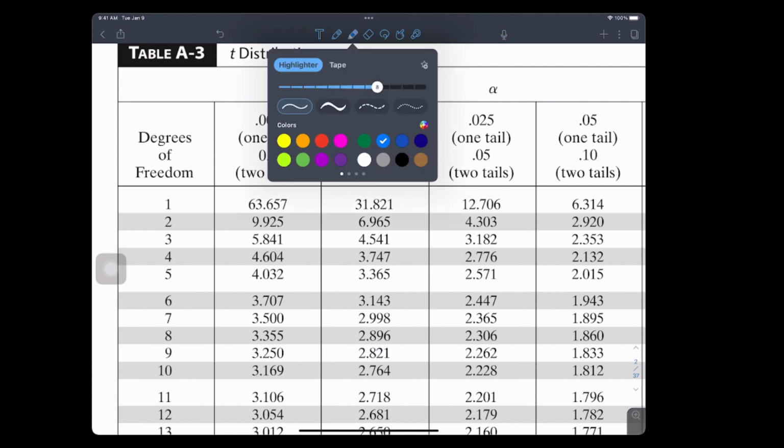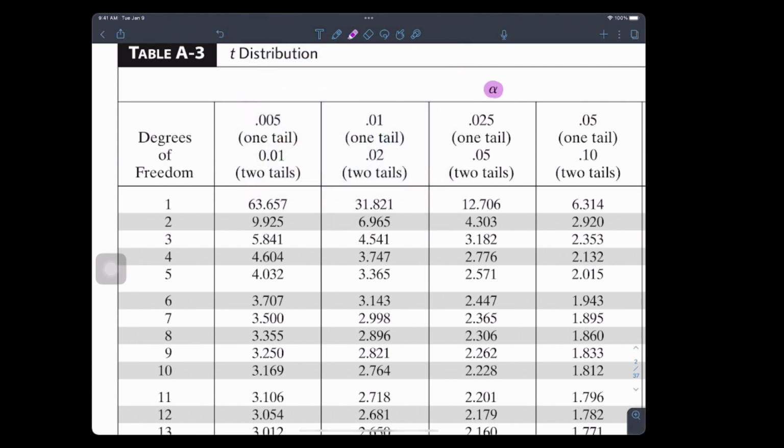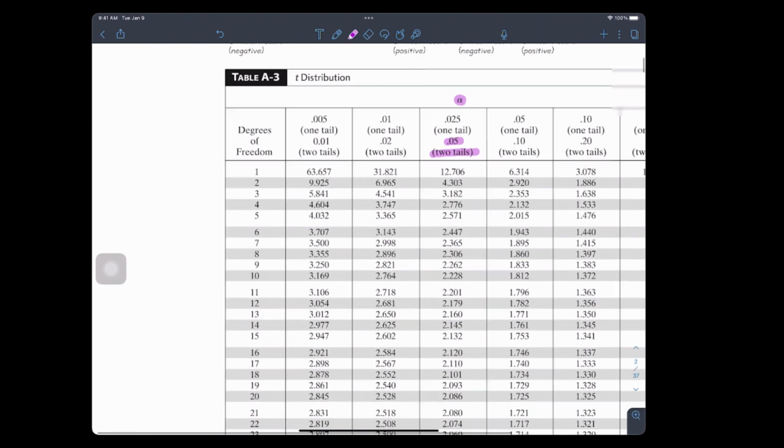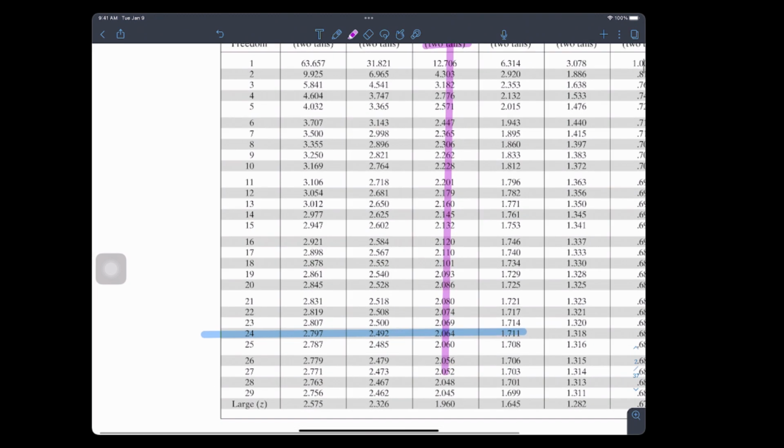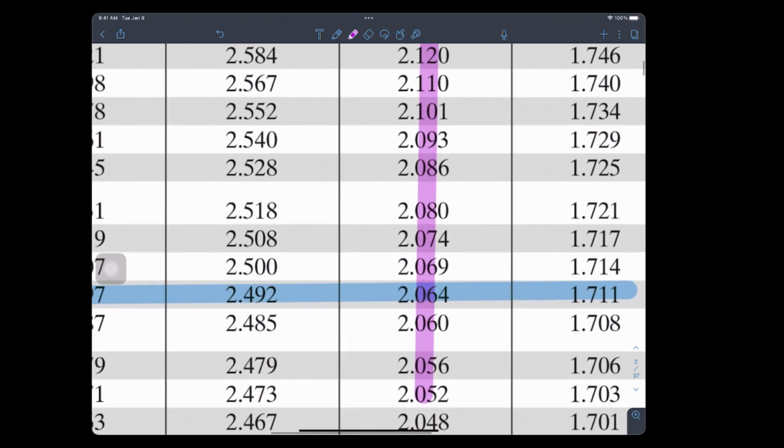You see this alpha being 5%? You got to look for alpha 5%, 2 tails. So in the old days, you would look for the 5% with 2 tail column, just to share with you guys what you had to do. What's the critical value? 2.064. Maybe it's easier in the tables.